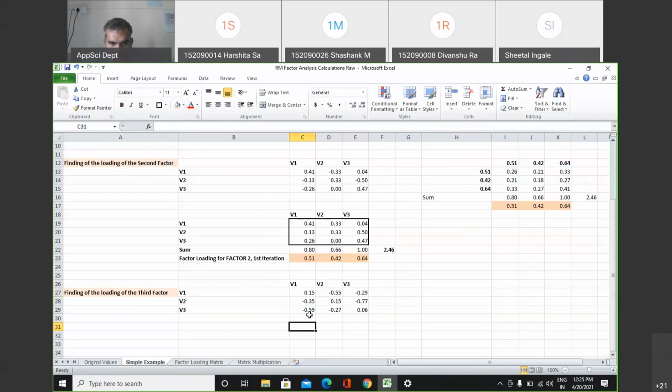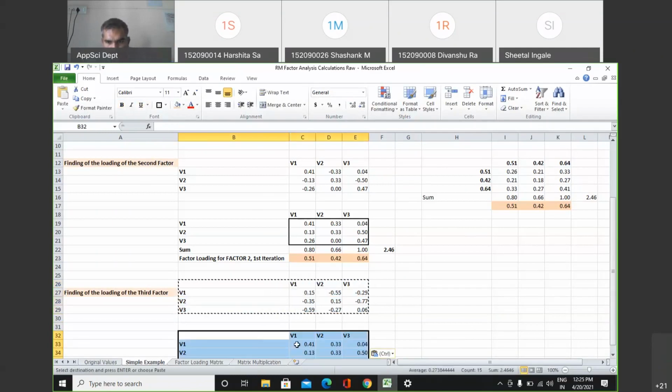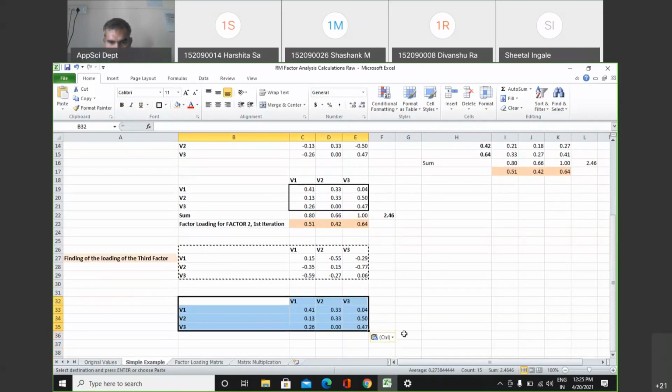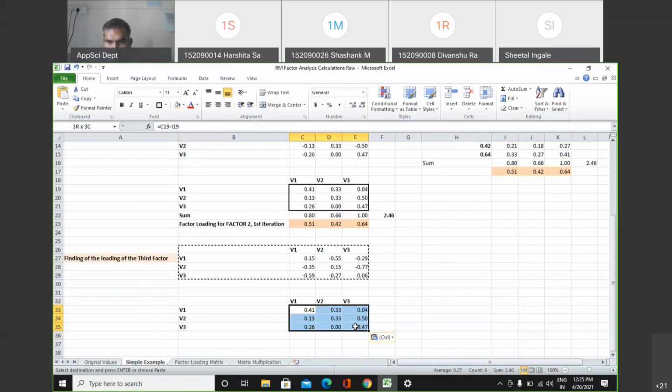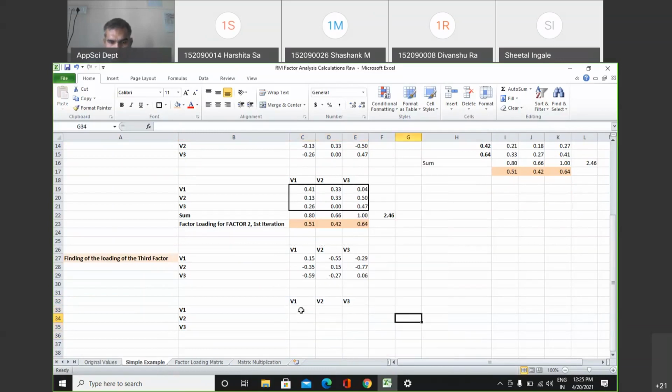So we'll again have this, and here we will have the absolute value. Now let us see what happens.